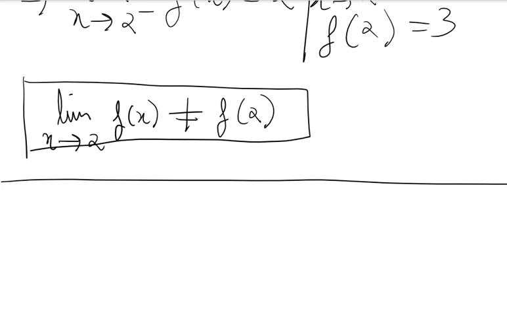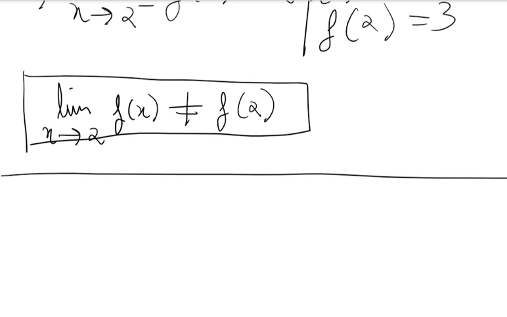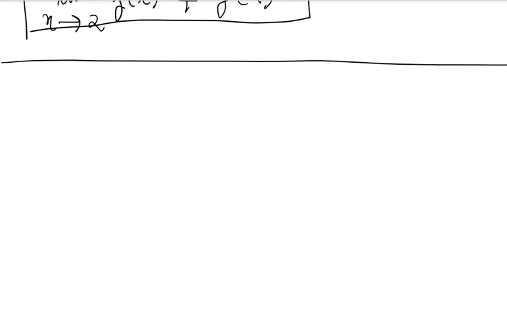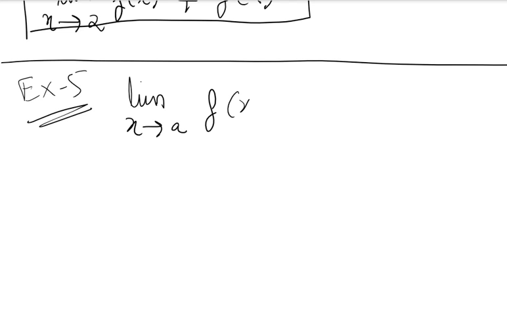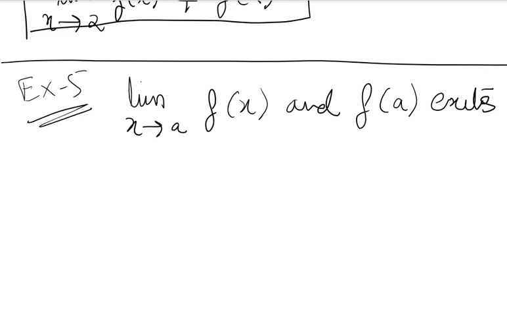Okay, so the next one will be, let's just scroll down a little bit more. So it's going to be example number 5 most probably. So limit x tends to a, f of x and f of a exist and are equal to each other.